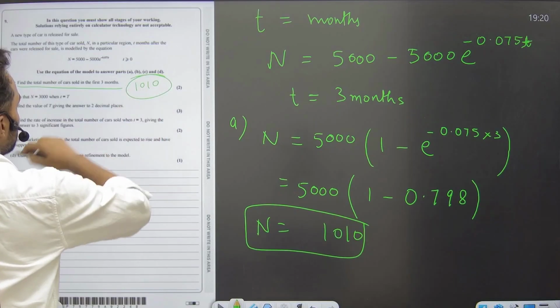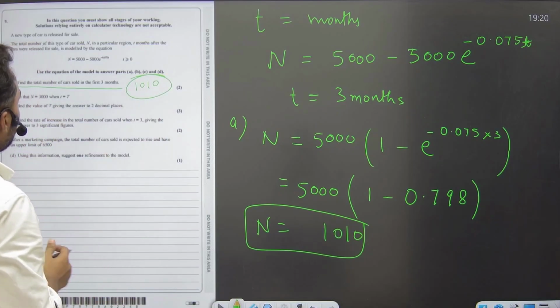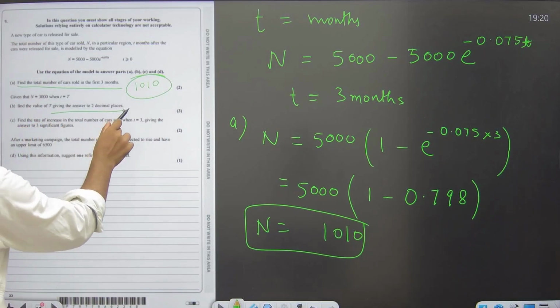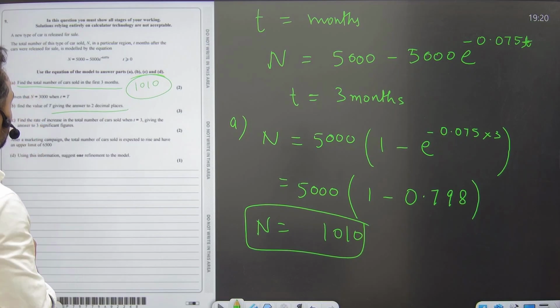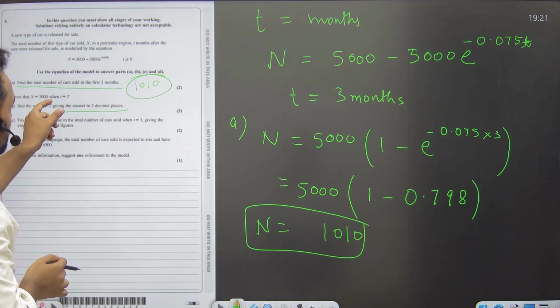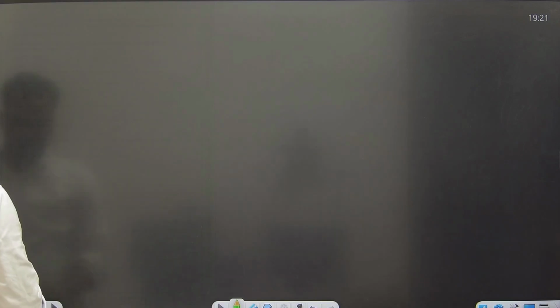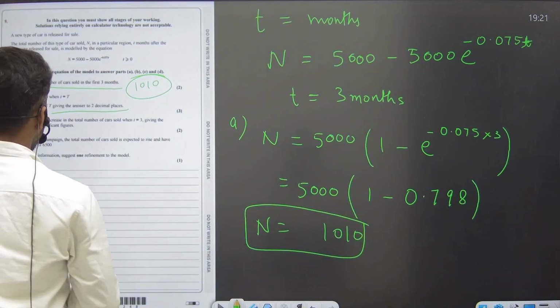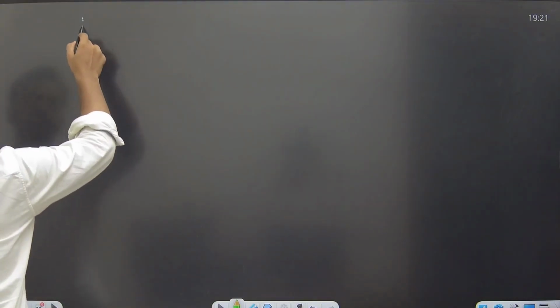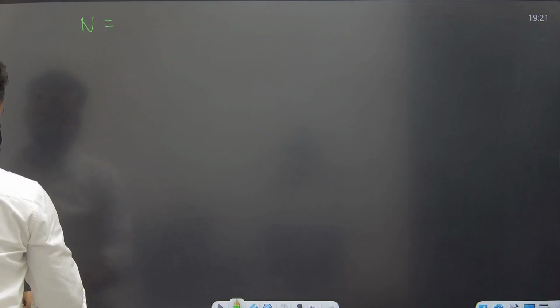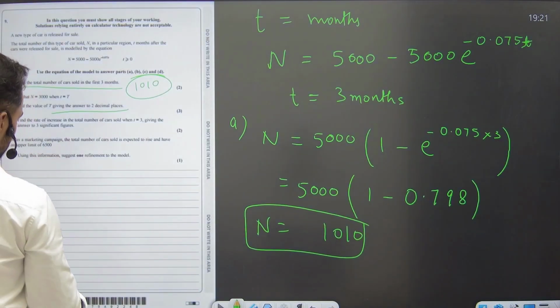1010. Okay, find the value of T giving the answer to 2 decimal places, given that n is equal to 3000 when t, small t, is equal to capital T. So now they have provided us the value of n. First I'll write the original expression, students.